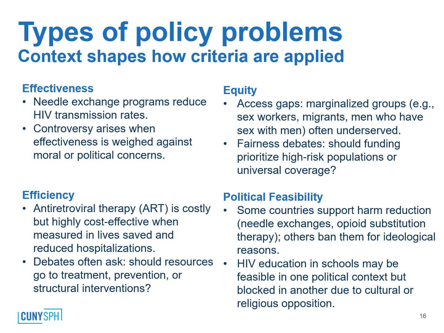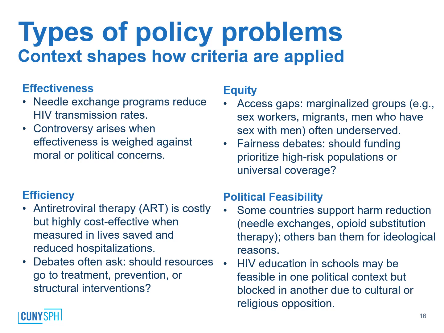On efficiency, antiretroviral therapy, or ART, is expensive, but it's cost effective when we measure avoided hospitalizations and prolonged life expectancy. The policy problem is deciding whether scarce funds should go mainly to treatment, prevention, or structural interventions like housing.